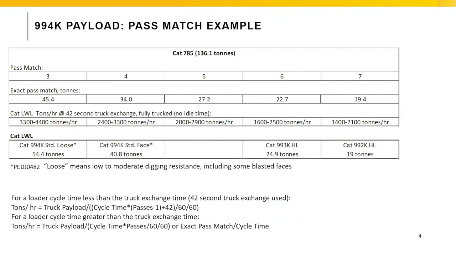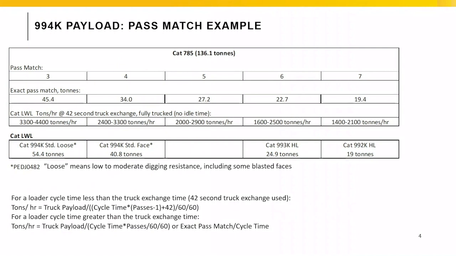So I'll show two examples. First, we'll look at the smaller end of the trucks that a 994K can load, a CAT 785. Let's look at the exact pass match, which is the second row on this table, versus the rated payload, which is shown on the bottom for the different configurations. And the key is they're not always going to automatically be lined up.